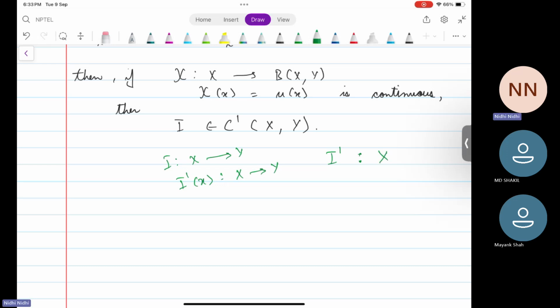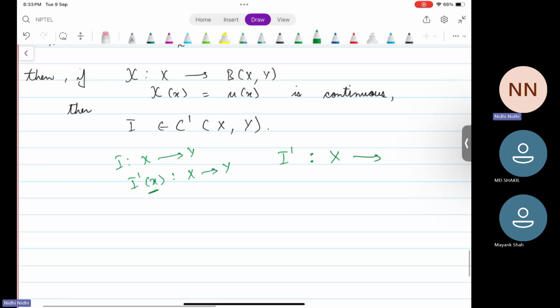The domain will be X, because we are finding the derivative at x. What will be the codomain? B(X,Y). Yes, because at every point x, I dash x is a bounded linear function, so I dash is from X to B(X,Y).